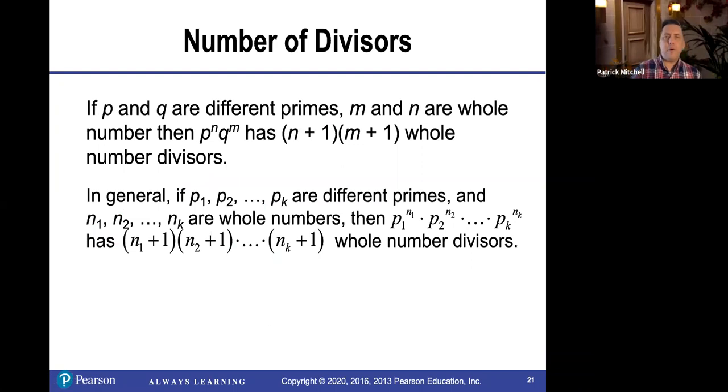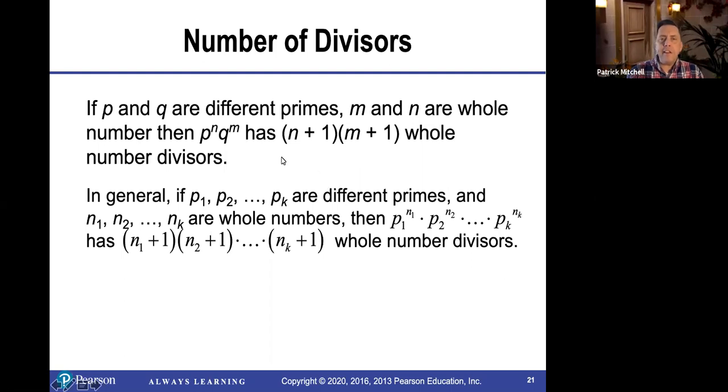Okay, so here's the formula, and I'll try to say this in English. If P and Q are different primes and M and N are whole numbers, then the number P to the N times Q to the M has (N plus 1) times (M plus 1) whole number divisors.